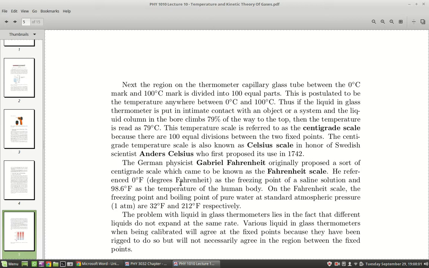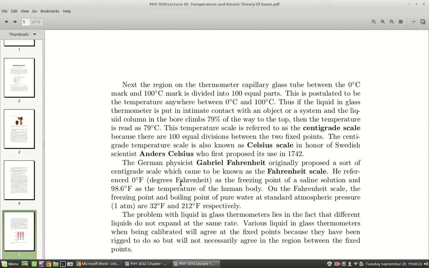When we divide that space into 100 equal parts, each of those parts becomes what is known as 1 degree. So with this kind of thermometer, you can only measure temperature values between 0 degrees and 100 degrees. Above that and below that, it's kind of a problem. You can't do that. Okay.